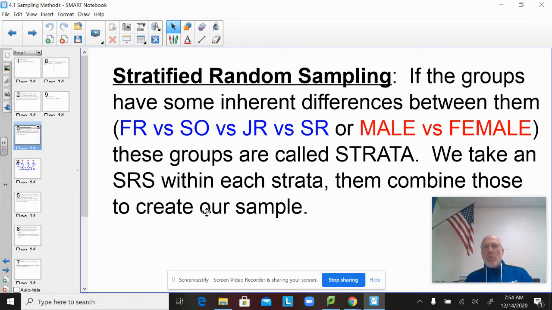And what we do is we go to each strata individually, take an SRS within each strata, and then combine those to make our overall sample.